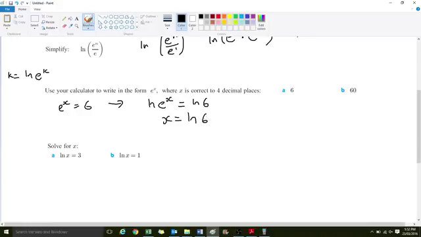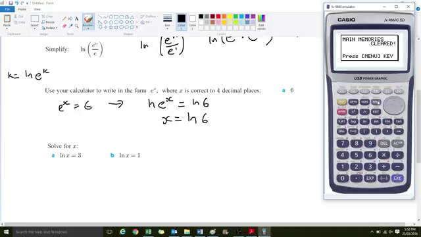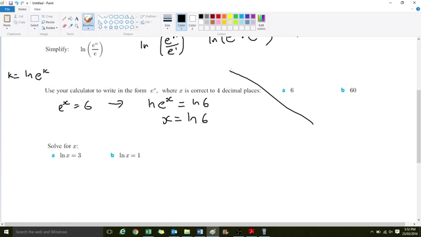So if we're going to write it in the form e to the power of x, we're going to need to calculate ln 6. Using our calculator, ln is this button here, ln of 6 is equal to 1.7918.